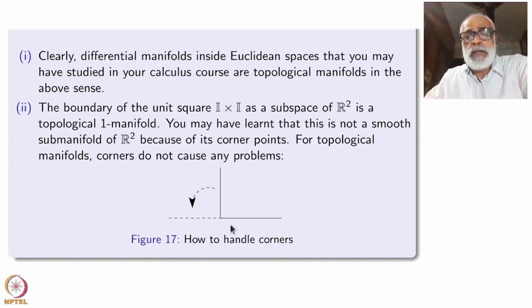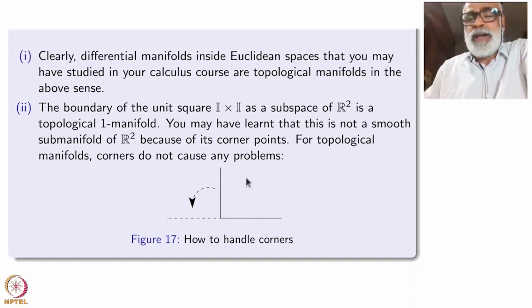Why? Because suppose you have a corner like this, what can you do? This line segment union this line segment is homeomorphic to this line segment, right? All that you have to do is turn this vertical thing and make it horizontal like this. You can write down your own homeomorphism using the cos theta, sin theta formula.